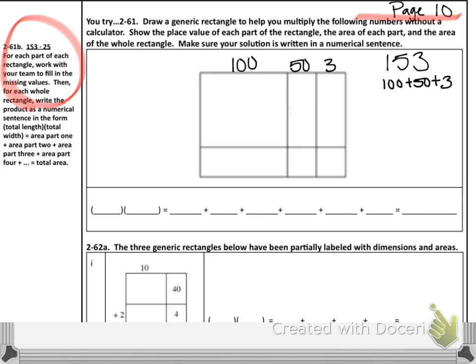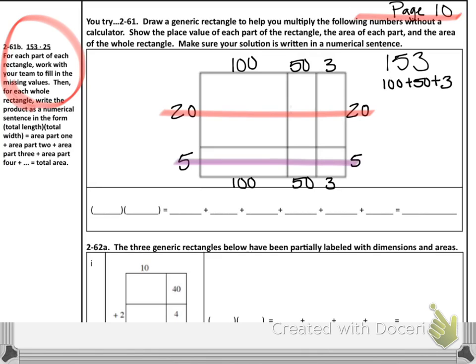If it's on the top of the rectangle, transfer it to the bottom. 153. For 25, 20, and 5. Again, if it's on the left side, it's also on the right side. 20 and 5. I'm going to grab my colors and color straight across. And you should do the same.